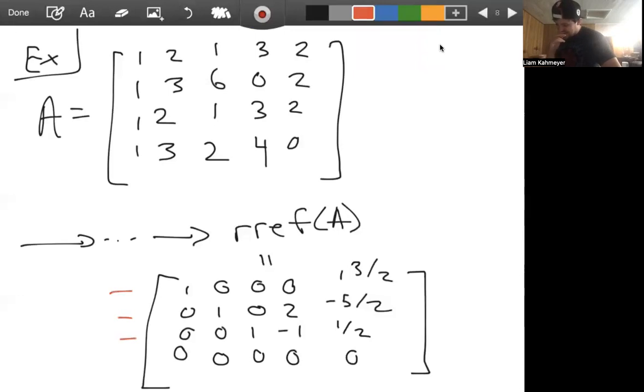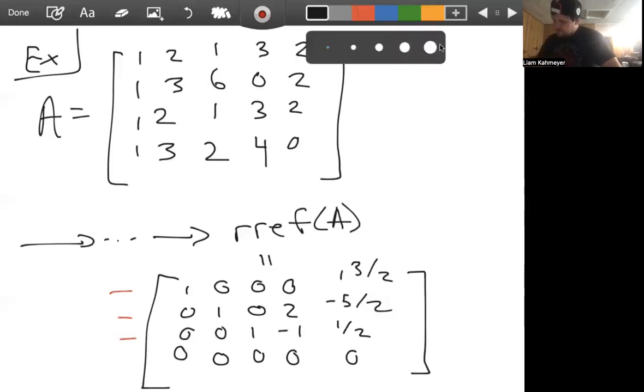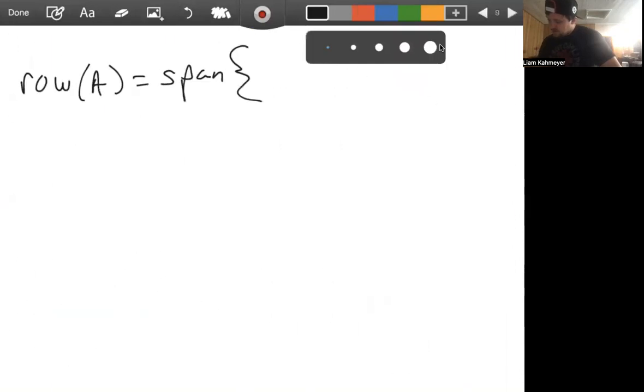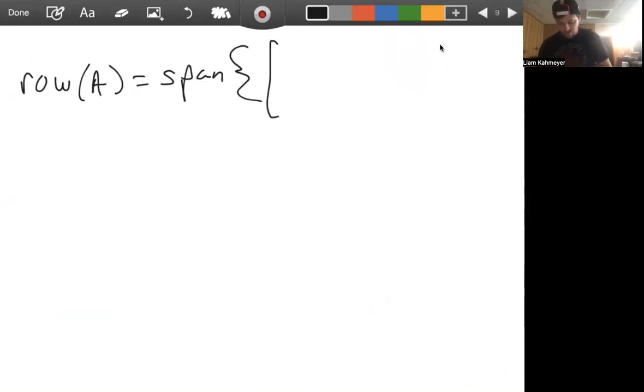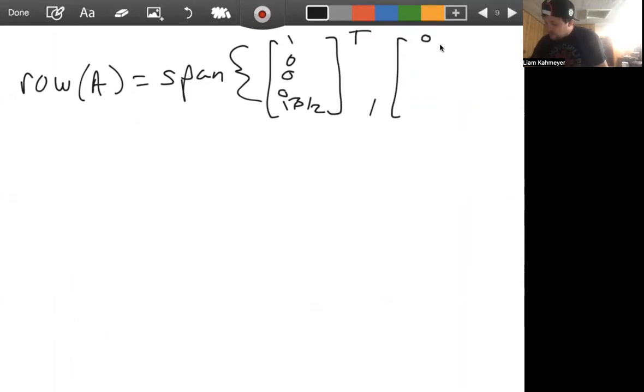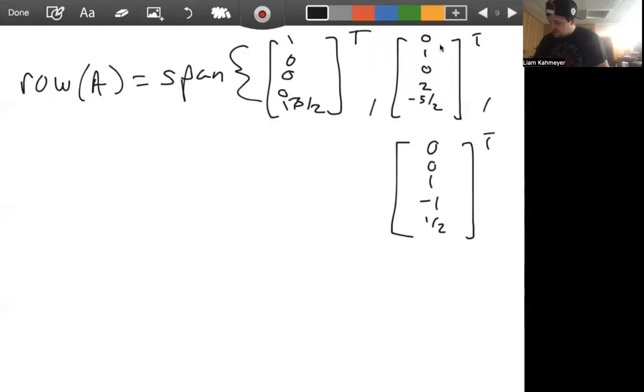The bottom one is entirely a 0 row. So the row space is going to be, and I'm going to write these as transposes, (1, 0, 0, 0, 13/2) transpose, (0, 1, 0, 2, -5/2) transpose, and, sorry, I ran out of room for the third one, (0, 0, 1, -1, 1/2) transpose.